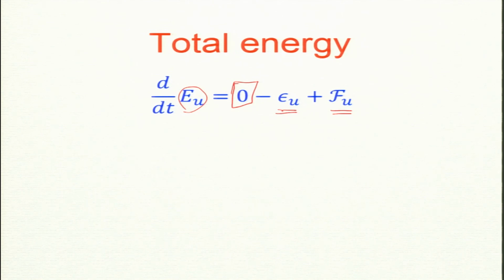Dissipation is always negative. If I do not force it, my total energy will decrease, right? d by dt will be negative if F is 0 and the energy will decrease. If you can help sustain it, it can be positive. So these are the three terms: the nonlinear term, the dissipation term, and the injection by the external force term.